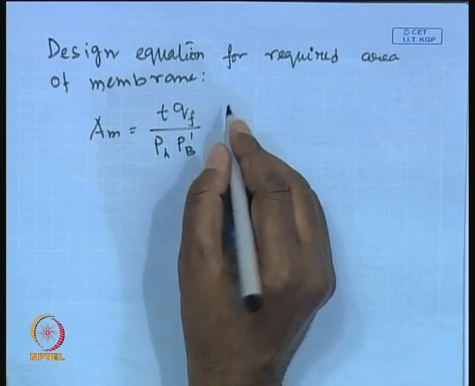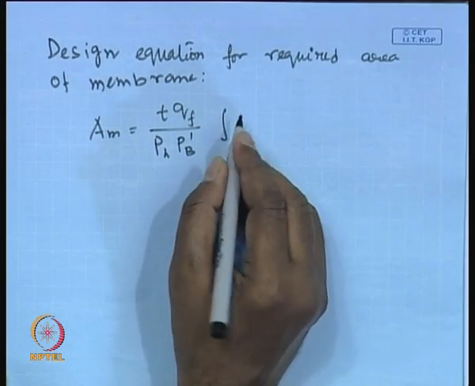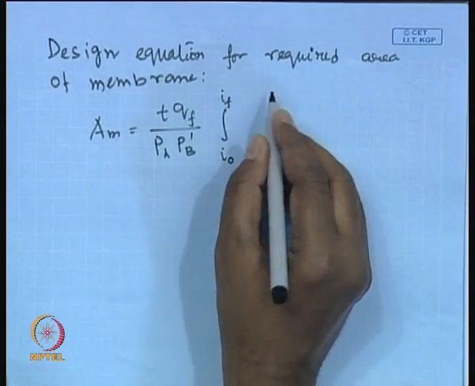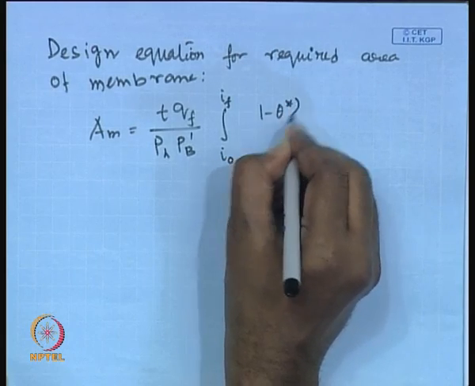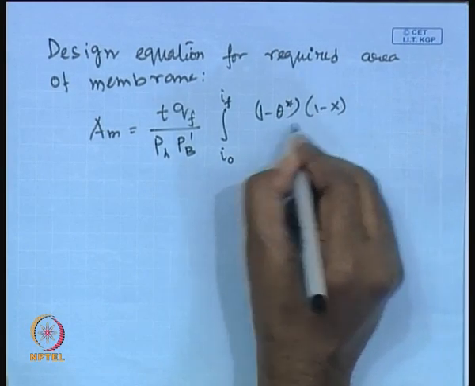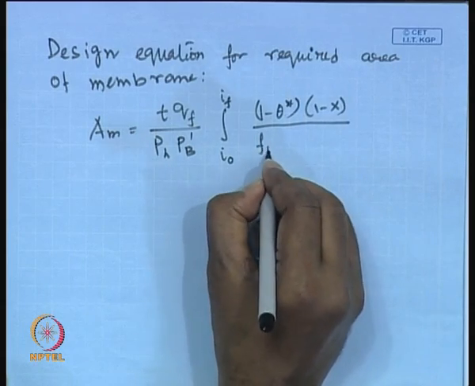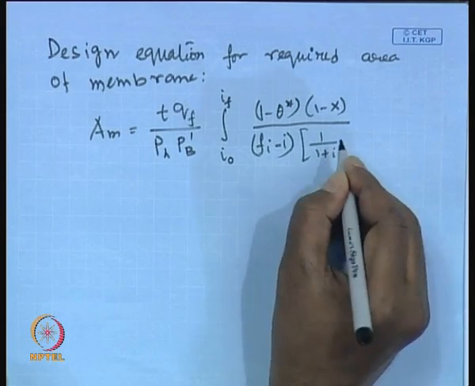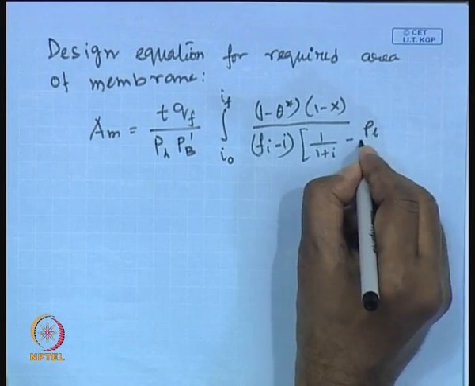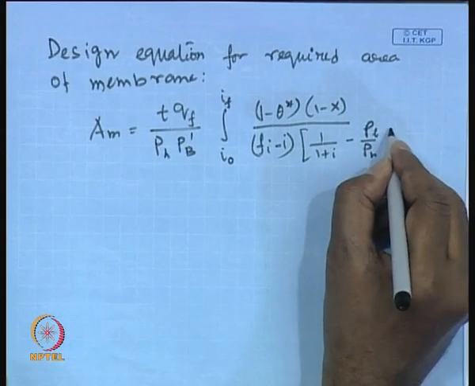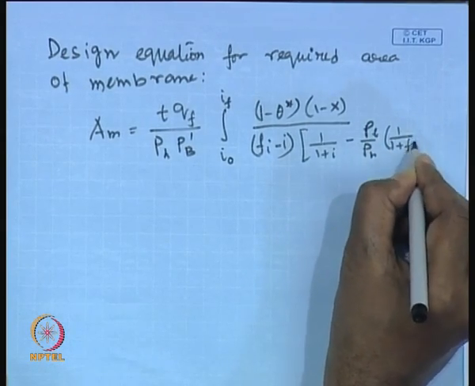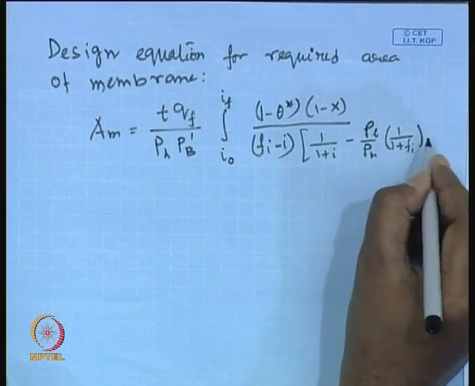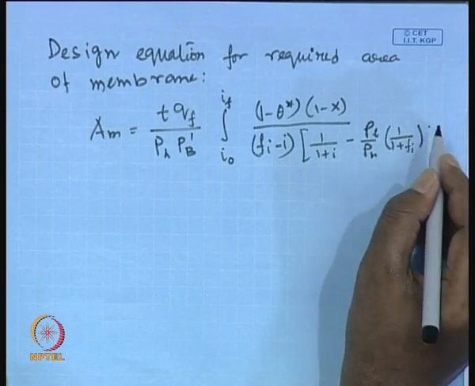So, this is the pressure at the higher feed side, integral from I naught to I f, 1 minus theta star, 1 minus x divided by f I minus I, 1 over 1 plus I minus P L by P h, 1 over 1 plus f of I f into I, d I.